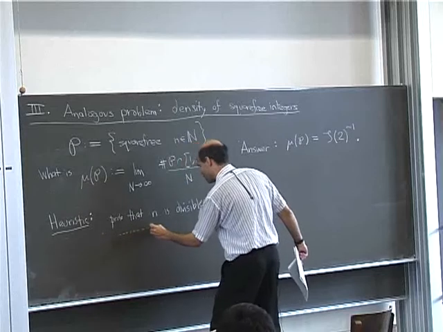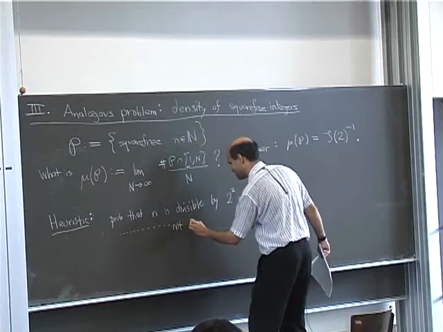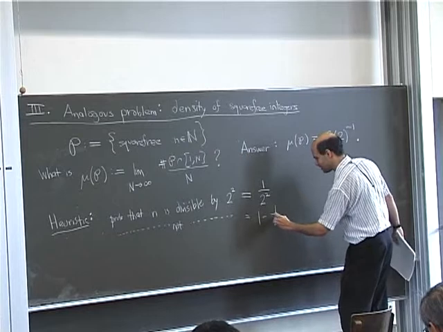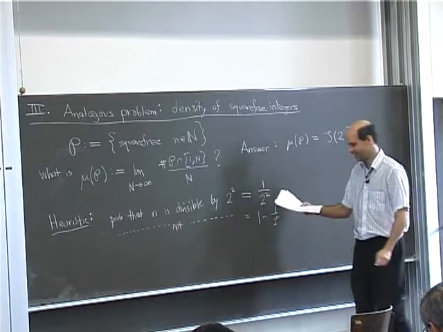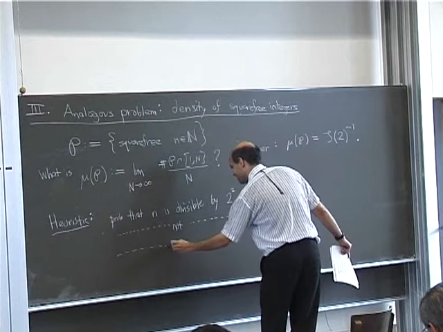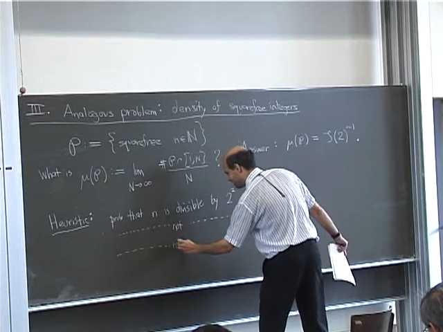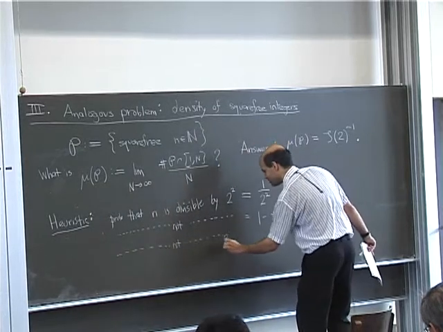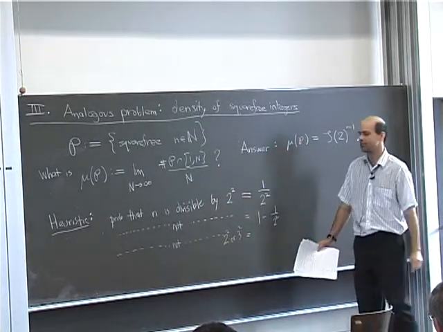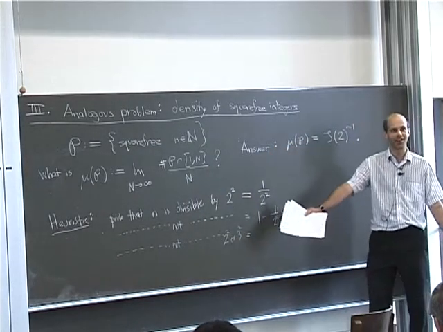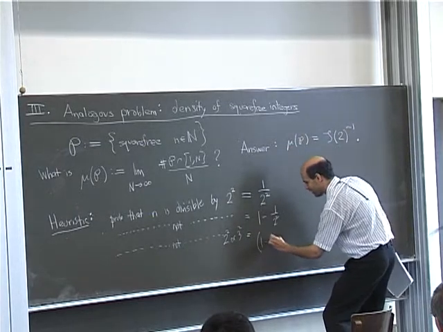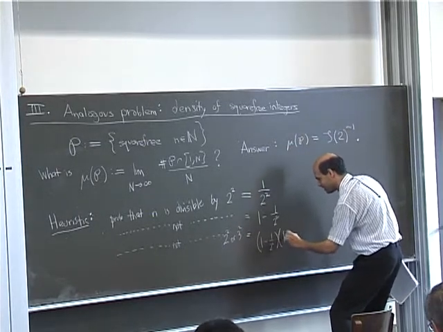And so what's the probability that n is not divisible by 2 squared? That should be 1 minus 1 over 2 squared. And what's the probability that it's not divisible by 2 squared or 3 squared? Well, if you believe that these conditions are independent, and they are by the Chinese remainder theorem, then it should be the product of this with this.